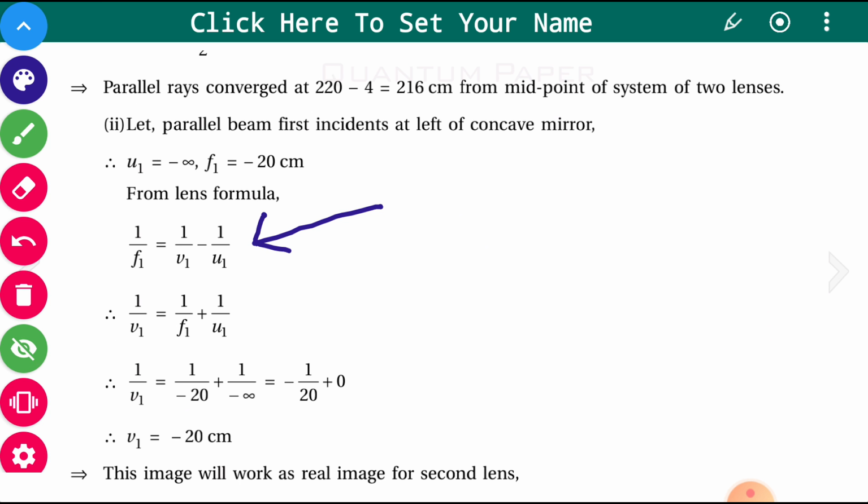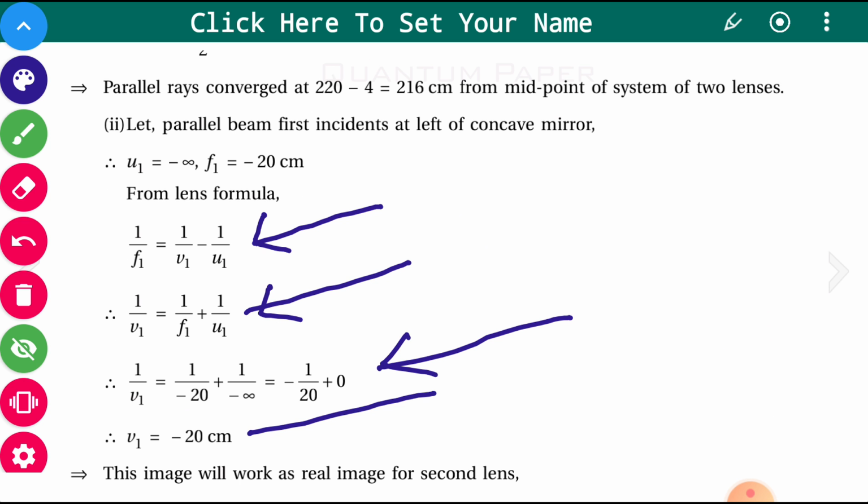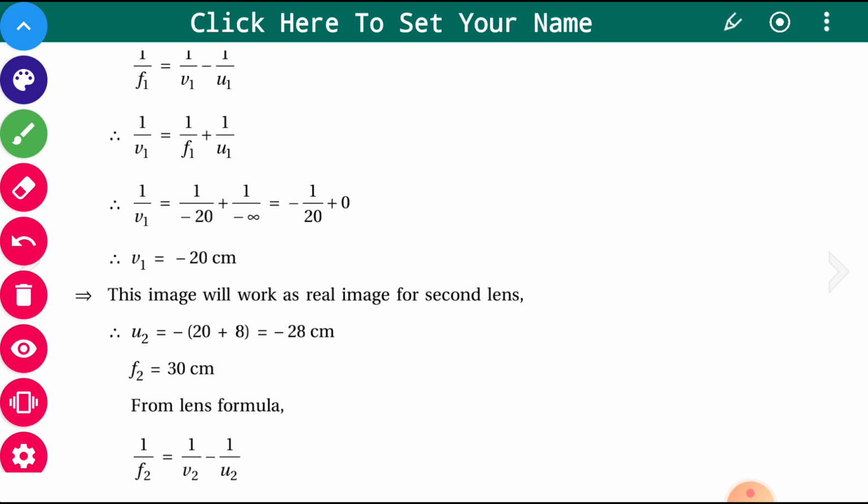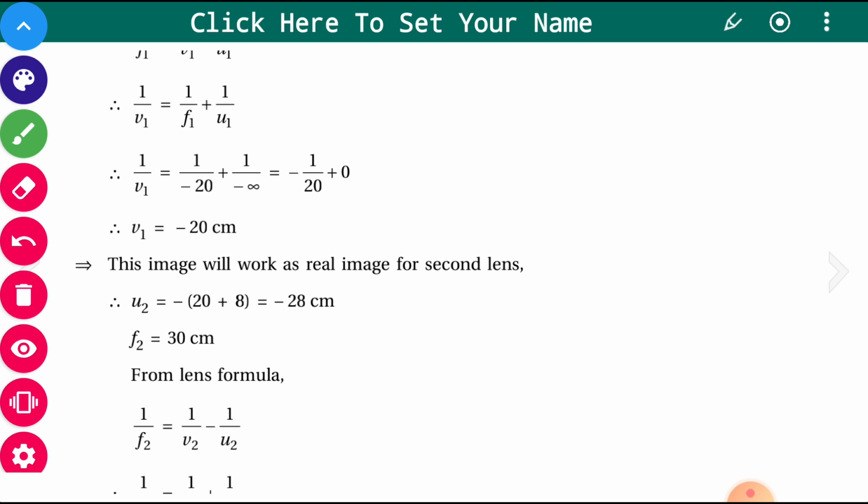1/f1 = 1/v1 - 1/u1, so we can easily calculate that the image is formed at minus 20, and that will behave as an object for the second lens, at a distance of minus 28 centimeter. Try to understand.